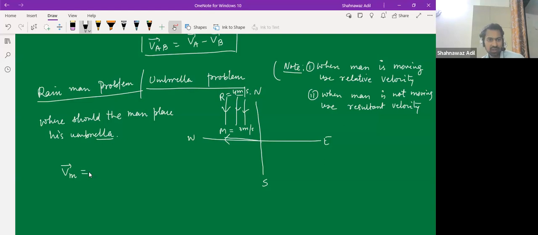How can we represent this velocity in vector form? So velocity of man is minus 3i. Yes, absolutely good. So minus 3i, right? Yes, sir. And what is the velocity of rain?